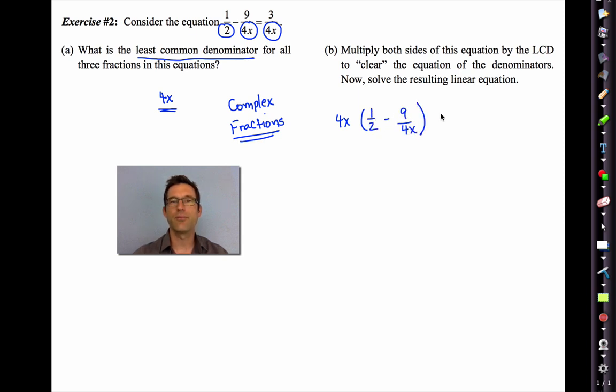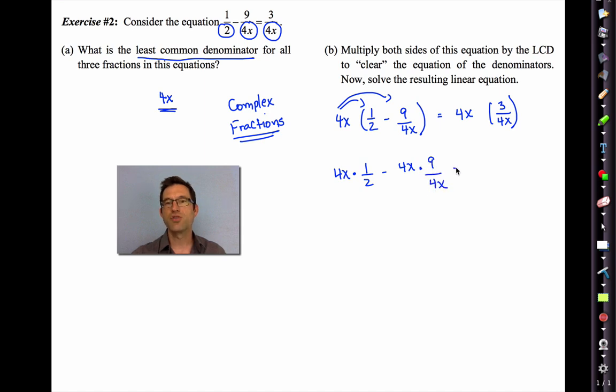I can do that. It's called the multiplicative property of equality. I can multiply both sides of this equation by the same thing and the equality will still hold. Now on this side, I'm going to distribute that 4x and I'm going to take it nice and slow in this first problem. We may speed this up in subsequent problems. Because just like with complex fractions, what I'm looking for here is for all the denominators to go away.